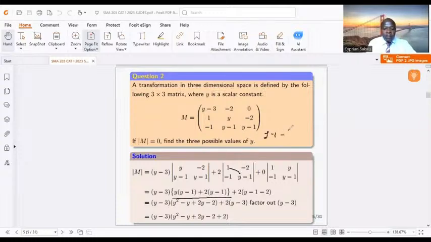Then minus the product of this diagonal, which is 2. So what I then get is just y minus 1 plus 2, which is y minus 3.